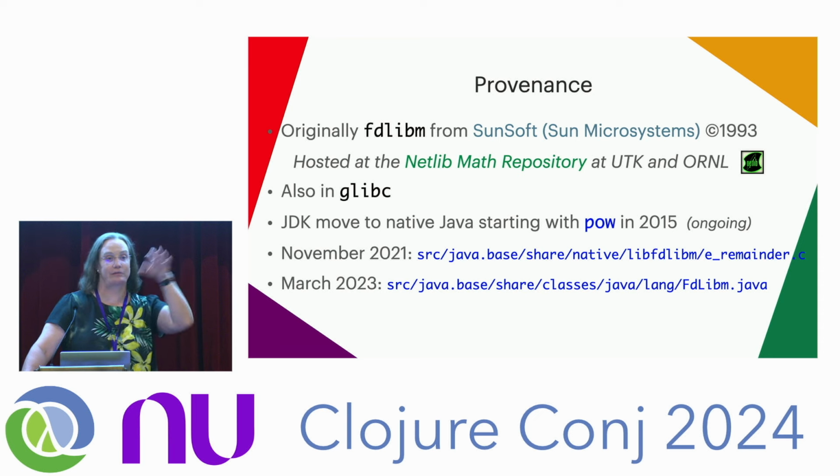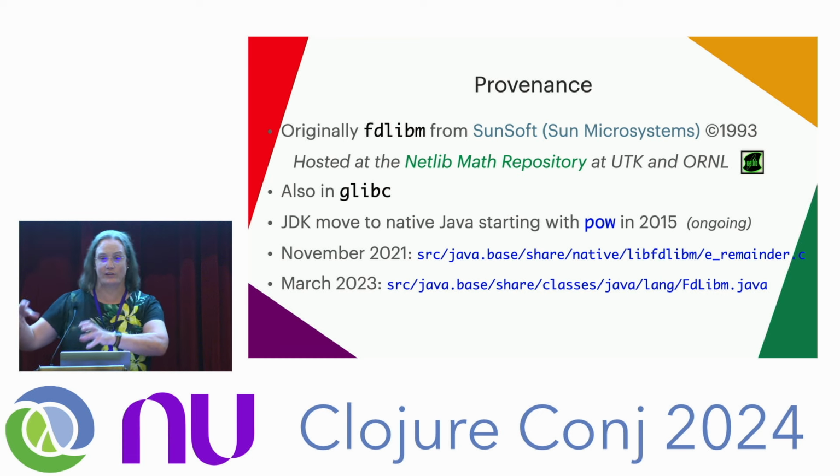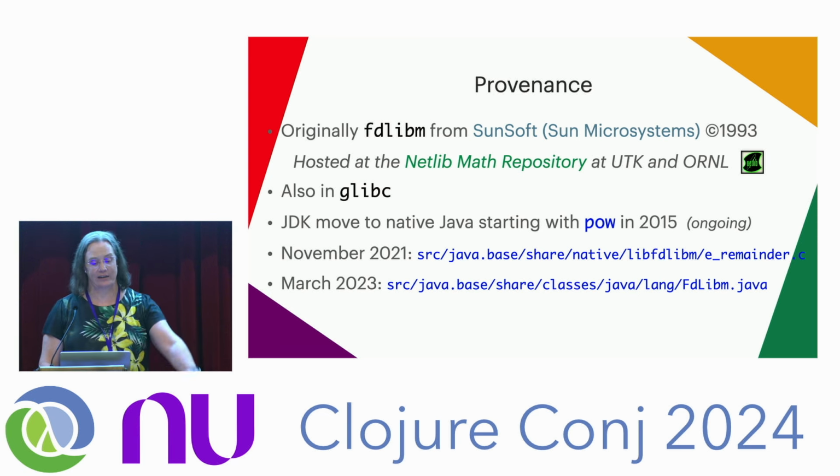So NetLib is co-hosted by them. It has a BSD-style attribution license. So looking at that, it gave me a lot of confidence that I wasn't going to be violating any licenses if I went and started looking at how different people had done this, because everyone had built their code over the top of that. We find this code also in glibc, and we find this code in the JDK.